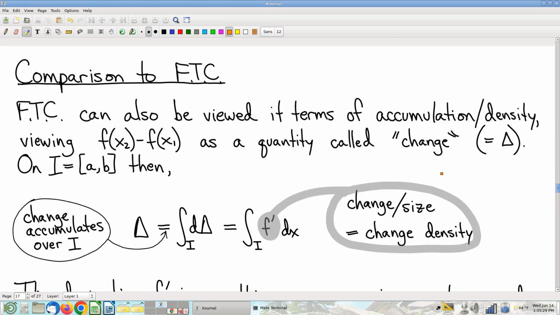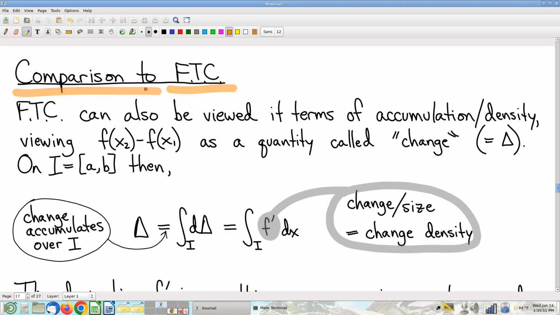Okay, so now I want to kind of switch gears and go back to the fundamental theorem of calculus. I know y'all know the fundamental theorem of calculus. My goal here is not to teach you the fundamental theorem of calculus. But I am going to take a weird point of view on the fundamental theorem of calculus for the purpose of making a comparison to the stuff that we've been talking about.